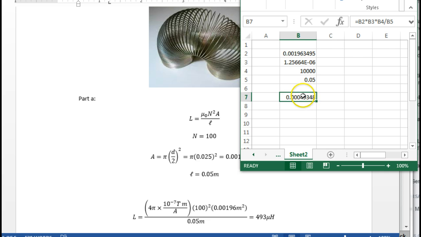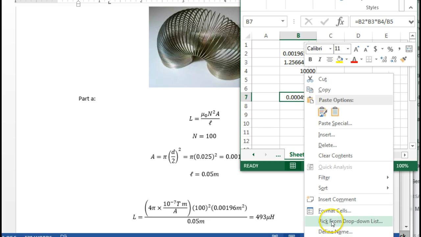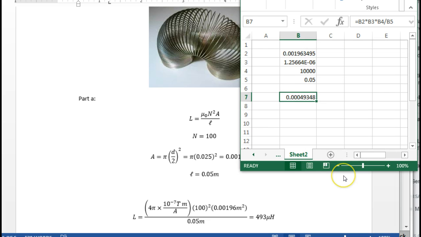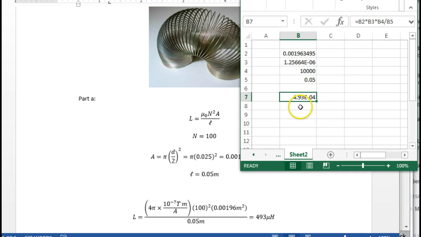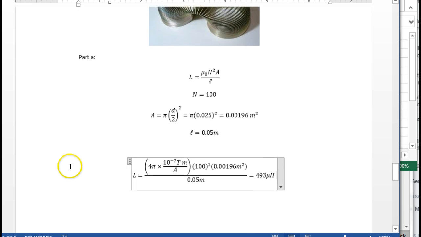If we change the format of that, format cells, to scientific with 2 decimal places, that works. So 4.93 e minus 4, 10 to the minus 4, so 493 times 10 to the minus 6. 10 to the minus 6 is micro, so 493 microhenries.